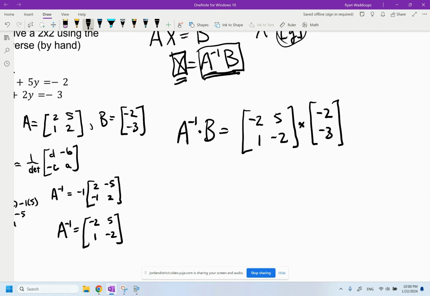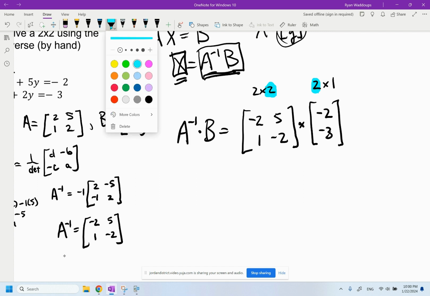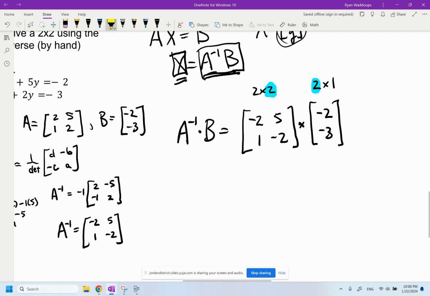And just as a reminder, this is a 2 by 2 matrix and this is a 2 by 1 matrix. Because the number of columns in the first matrix is equal to the number of rows in the second matrix, we can do this multiplication. As a result, we get a 2 by 1 matrix, and that's what we want. It'll be our values of x and y.